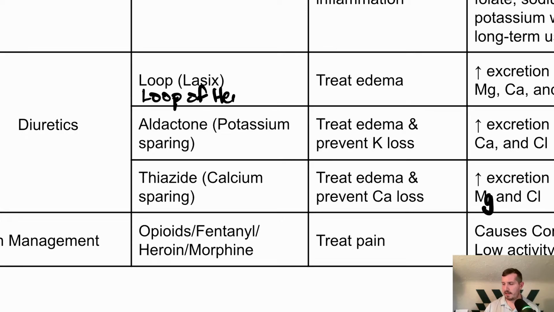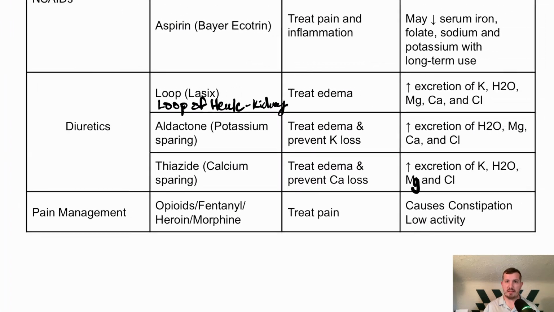The loop of Henle is located in your kidneys. And the loop of Henle is where you get rid of all of your electrolytes and all of those extra minerals. So whenever I think loop of Henle, because that's a really specific, weird name for a part of the body.